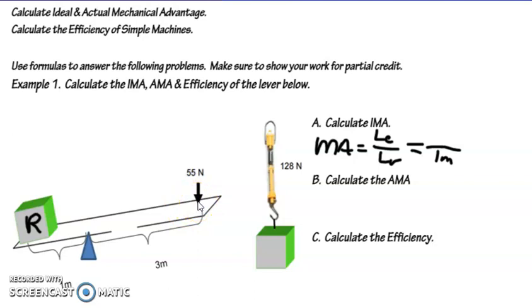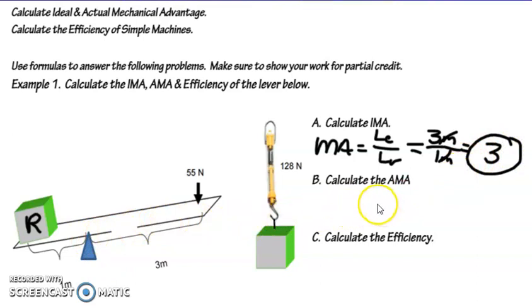You'll often see in word problems applied force, effort force, or where you're pushing from. Anyway, so that'd be from here to there, so that's going to be 3 meters. And so the meters cancel out, and it's just going to be 3. So the ideal mechanical advantage, if there's no friction or anything like that going on here, is going to be 3.